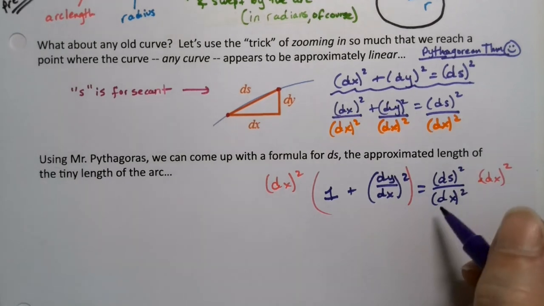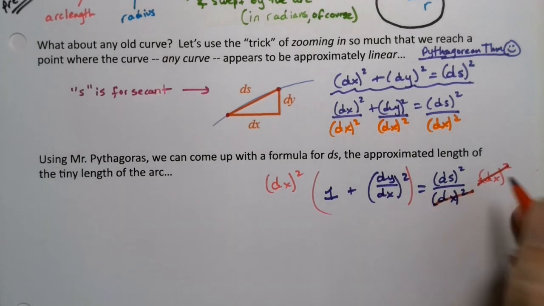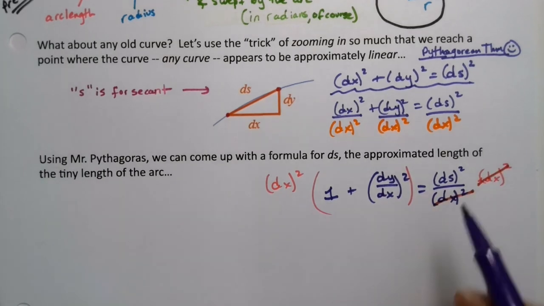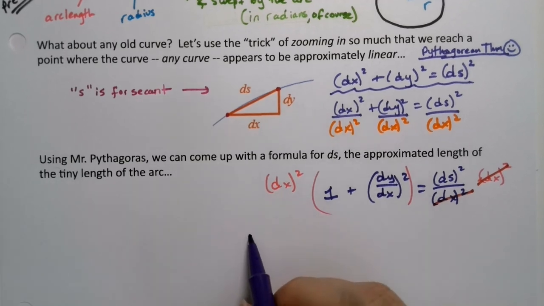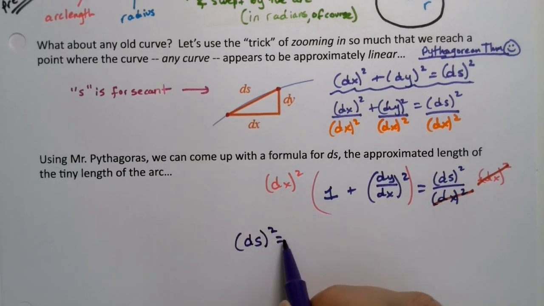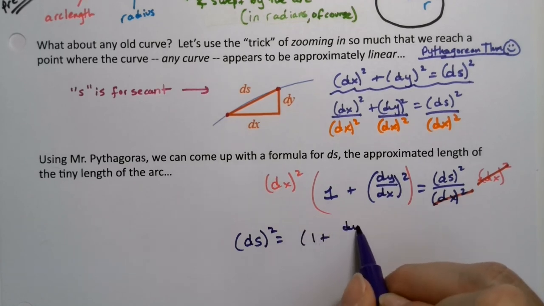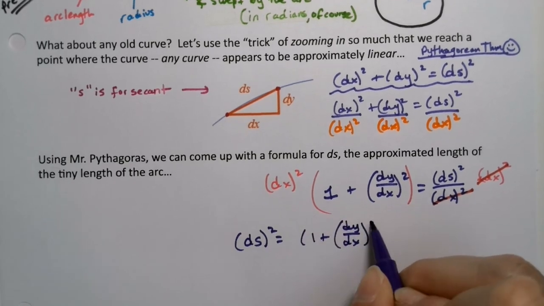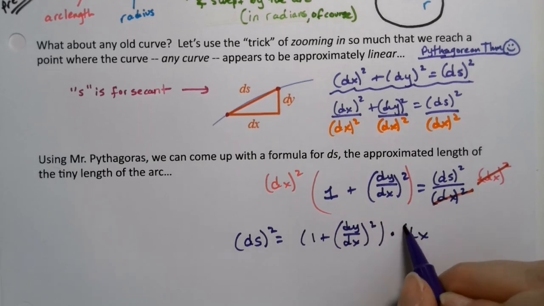Over here, the dx squared and dx squared cancel, and that leaves me ds squared equal to all of this. So I'm going to flip it around: ds squared is equal to 1 plus (dy over dx) squared. I'm not going to distribute, I'm going for something here, times dx squared.